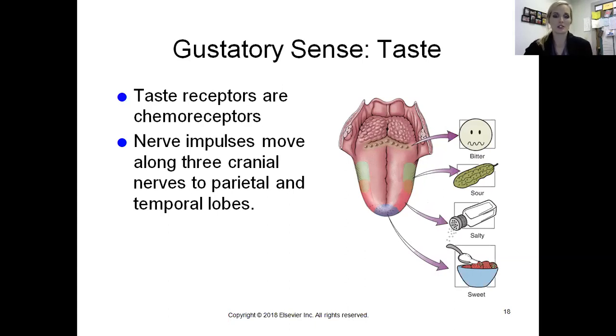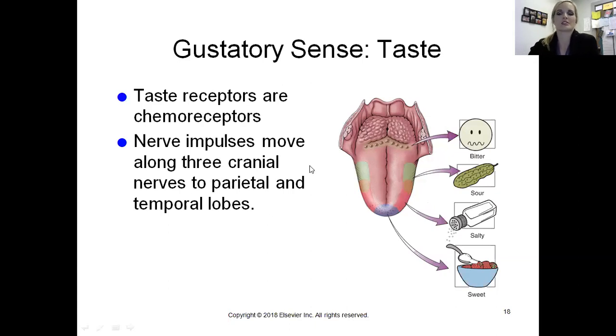Nerve impulses move along 3 different cranial nerves from our tongue for gustatory. But I didn't name those. You don't have to worry about the specific cranial nerves, but they will be transmitted back to the parietal and the temporal lobe. So the sense of taste will be interpreted in the parietal lobe of our cerebrum as well as the temporal lobe.